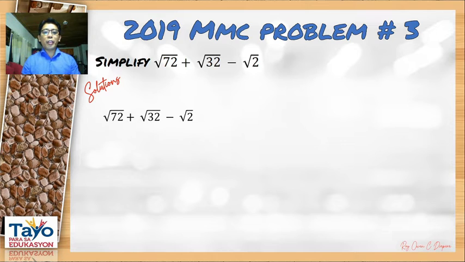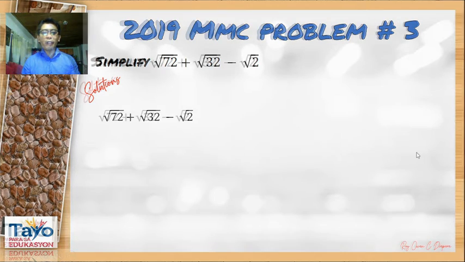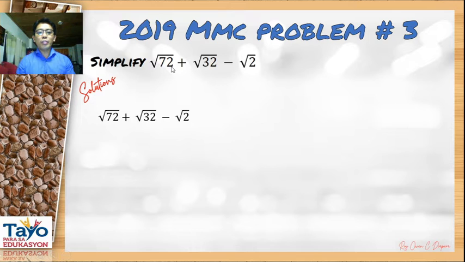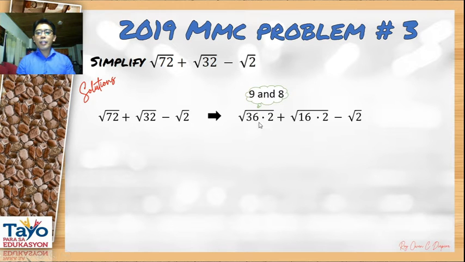Of course, what we are going to do is we simplify first square root of 72 and square root of 32. That is, square root of 72 is equivalent to square root of 36 times 2 because 36 times 2 is equal to 72. But 9 times 8 is also 72.